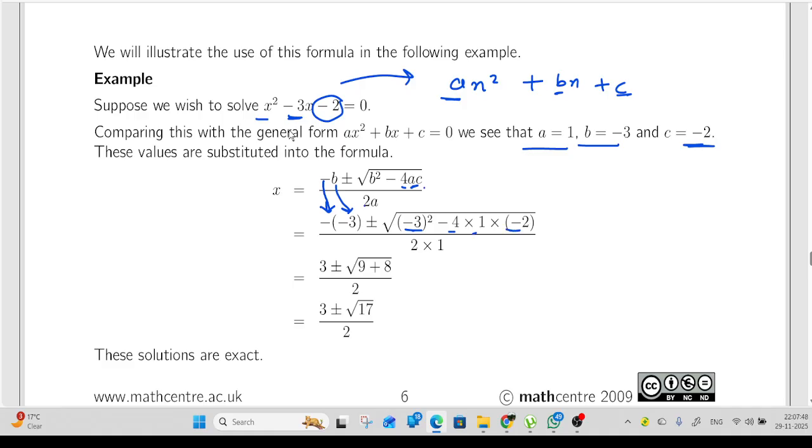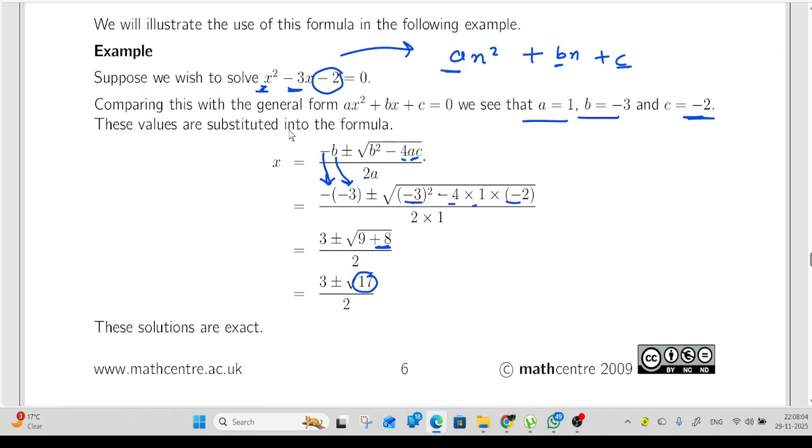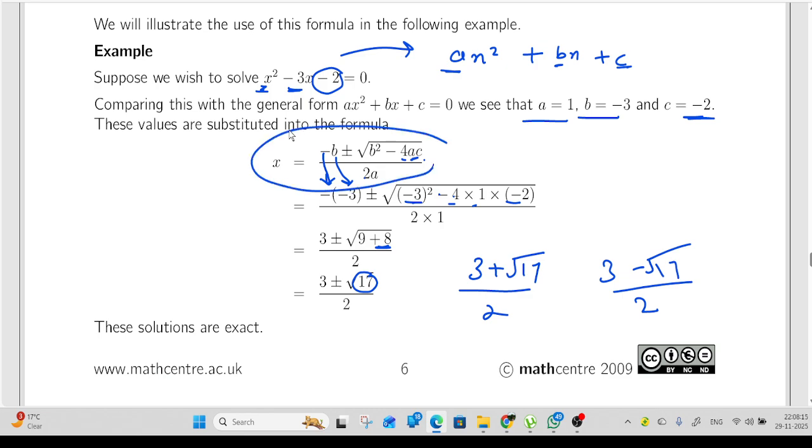Then 2 times a, which is 1, so 2 times 1. 3 square is 9, 4 times 2 is 8. These two negative numbers give you positive 8, and then you add them, you get 17. So 3 plus or minus square root of 17 over 2. So you get two roots, 3 plus square root of 17 over 2 and 3 minus square root of 17 over 2. So this is the quadratic formula.